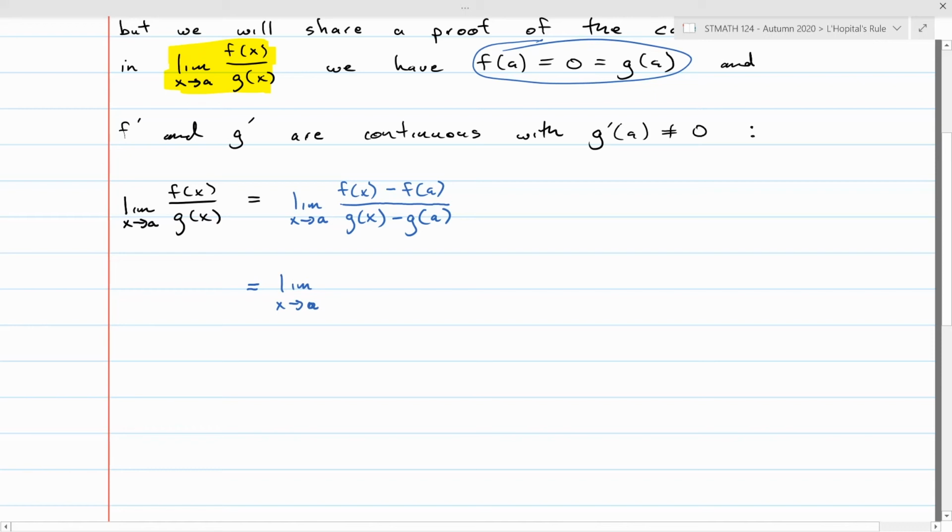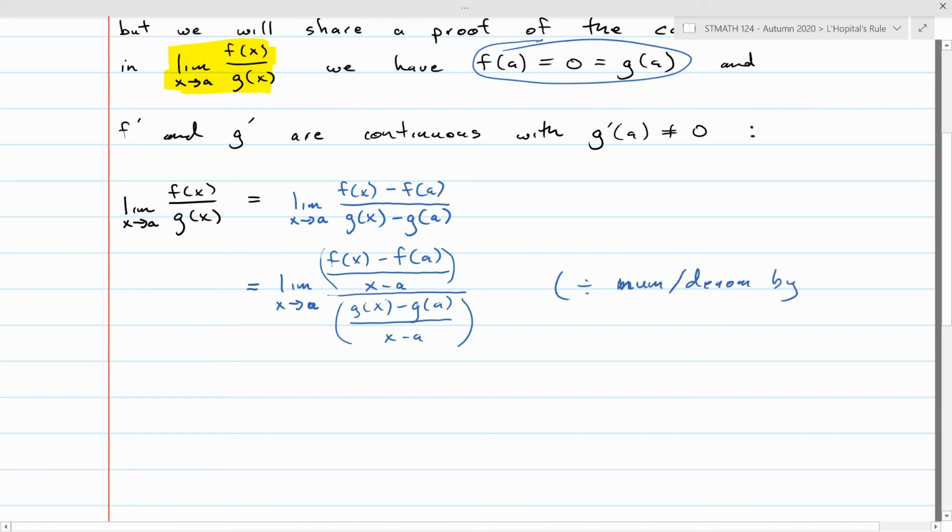So what I'm going to do is divide the numerator and the denominator by x minus a. So I can write this as f of x minus f of a over x minus a, divided by g of x minus g of a over x minus a. So what I really did here was just divide numerator and denominator by x minus a.